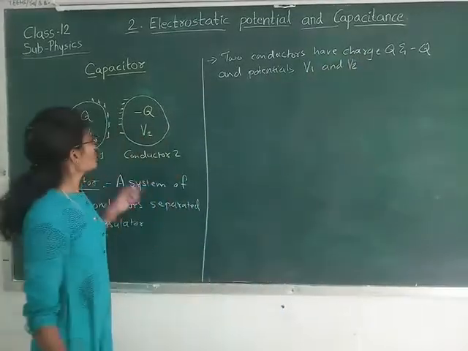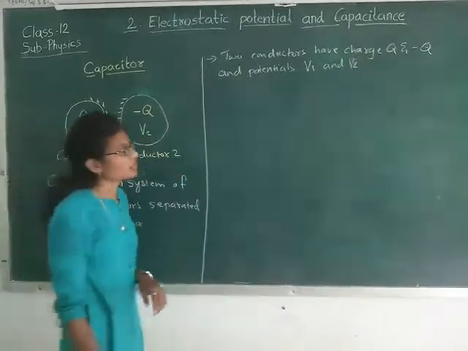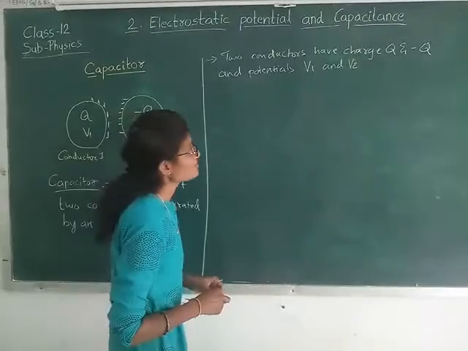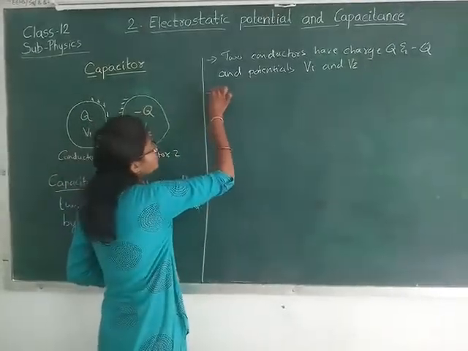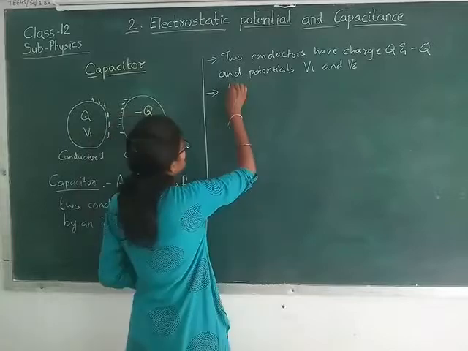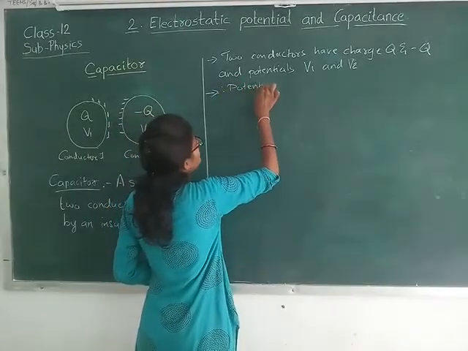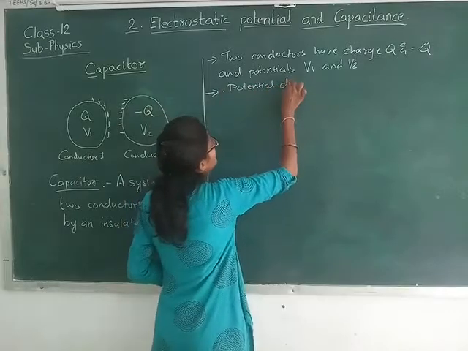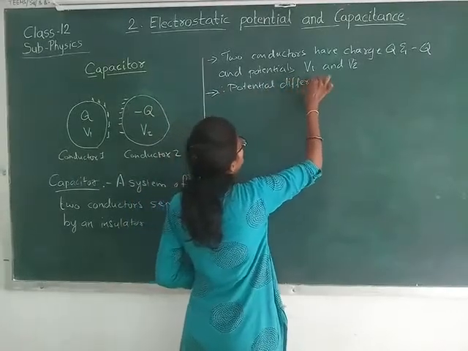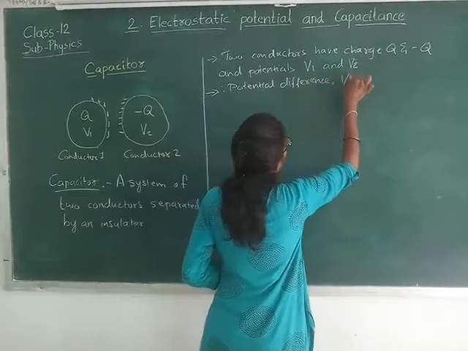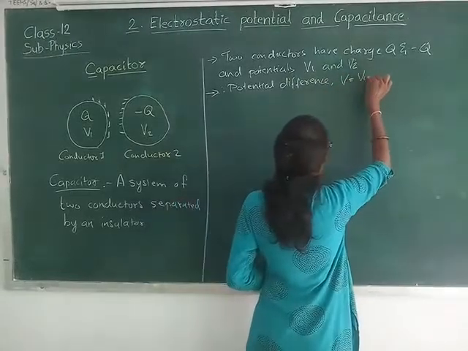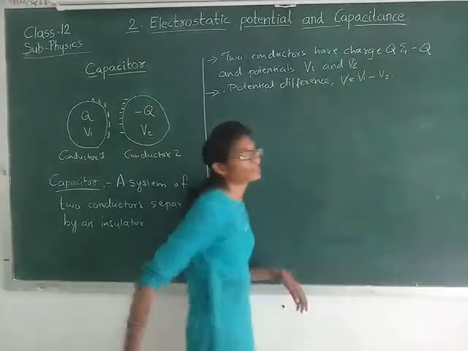Potential of conductor 1 is V1, and potential of conductor 2 is V2. So what will be the potential difference between these two conductors? Therefore, the potential difference will be V, that is V1 minus V2.